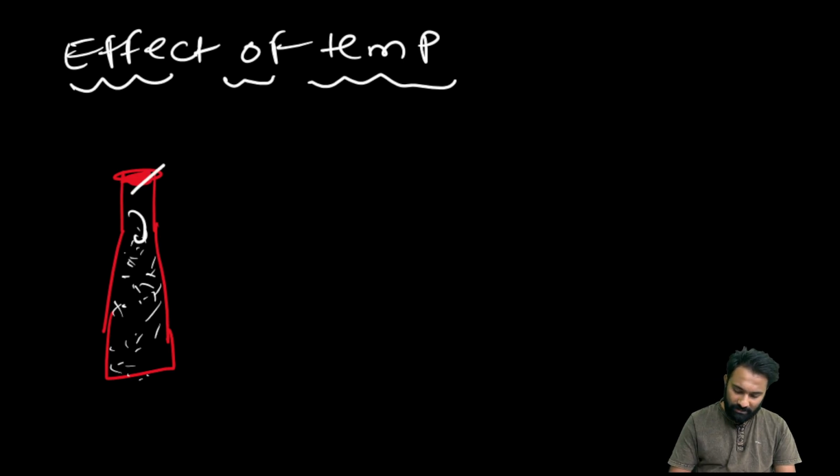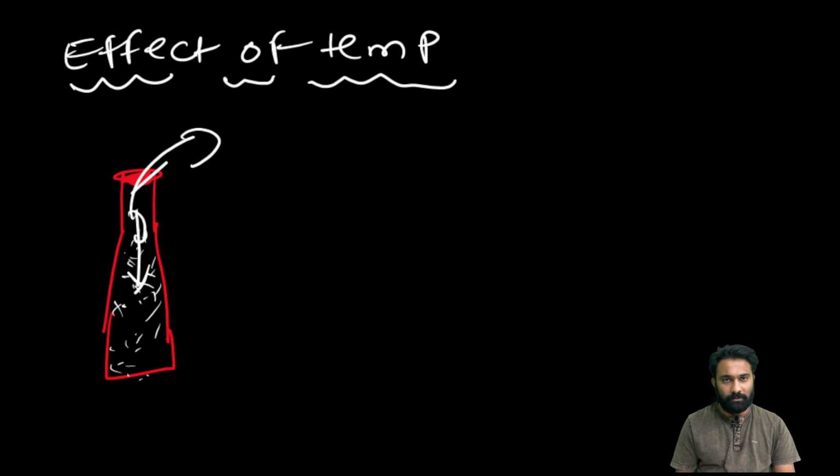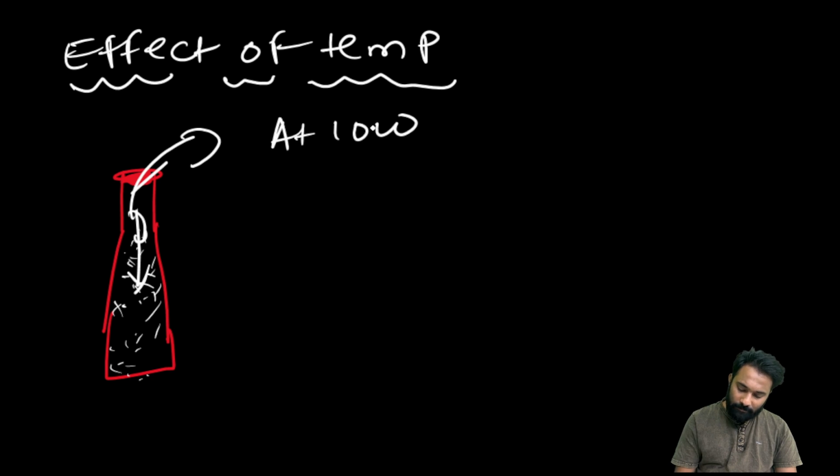If you open the cap, what will happen? The gas which is highly compressed and dissolved in the liquid will come out. Why is it coming out? Normally, at low temperature, more gas will be soluble in the liquid.